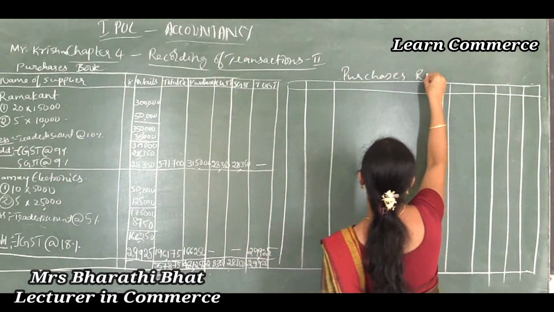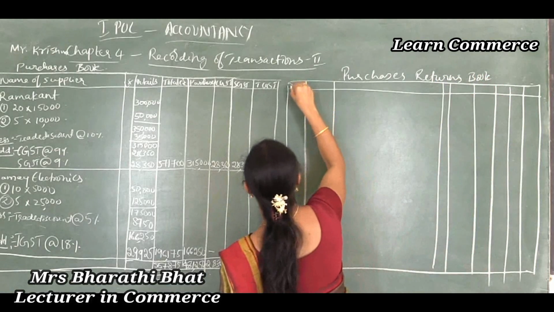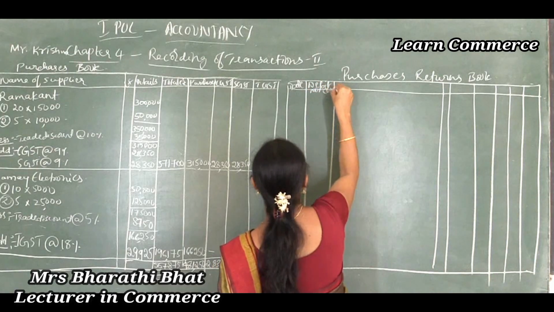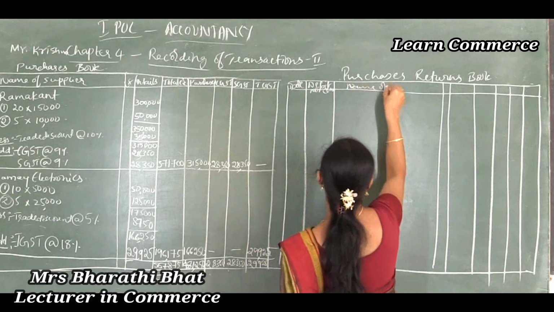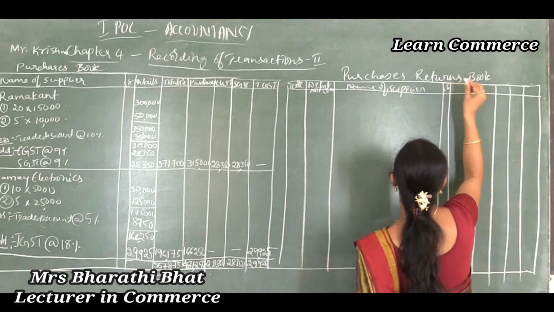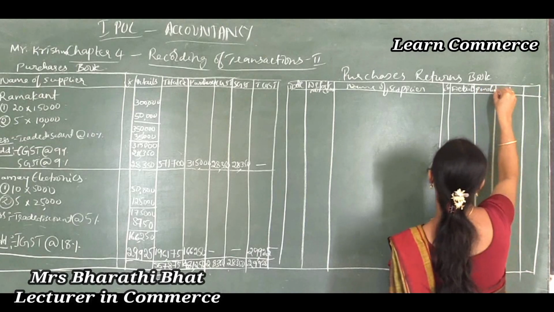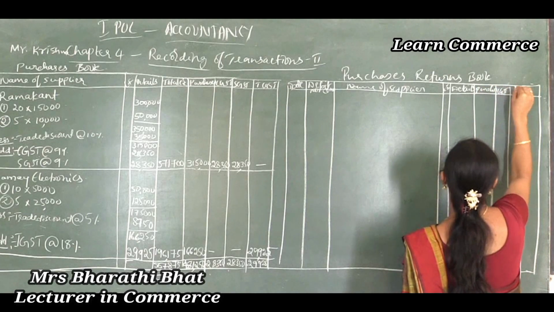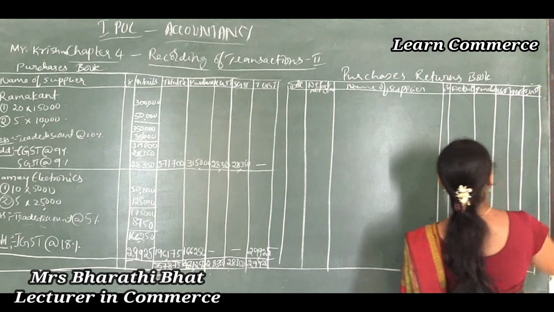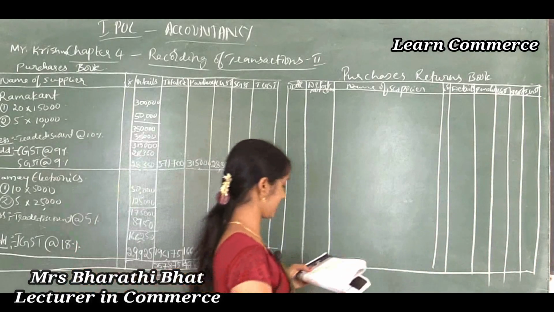Purchases returns book, date, debit note number, name of supplier, LF, details, purchases, CGST, SGST and IGST.